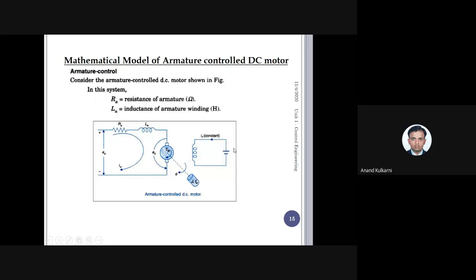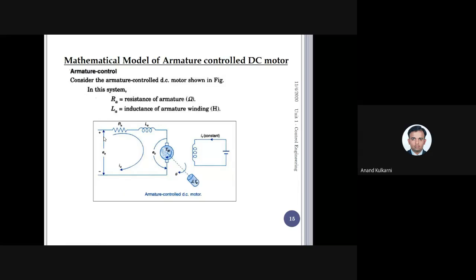This is the field winding, which generates the magnetic flux. The armature winding power supply is EA, where A stands for armature, and that can be varied. If you change the voltage supply to the armature, the speed will change. This is the principle.